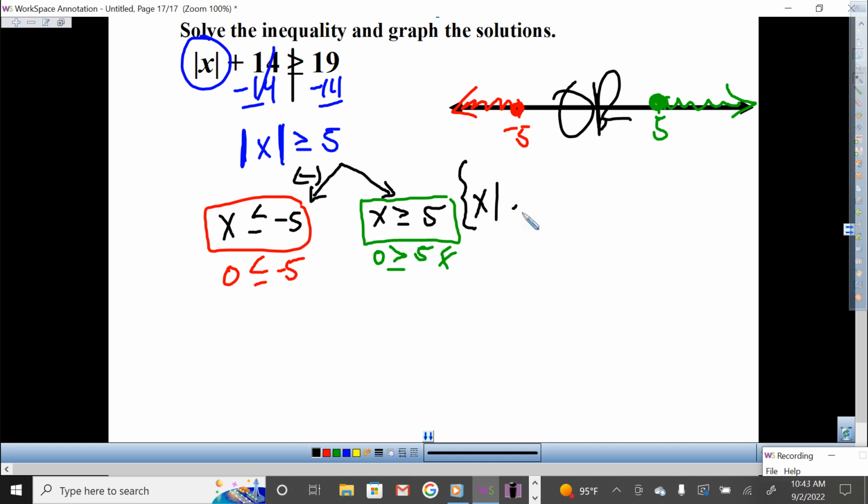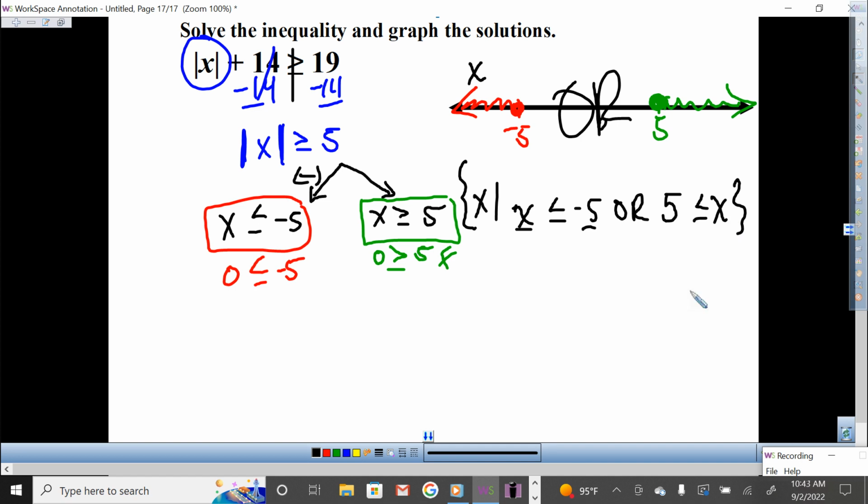We start with this portion, which is x, less than or equal to negative 5. Yeah, so I'm reading the graph, guys. We start with this section, which is x, and then the negative 5, then the word or, then 5, and then x.